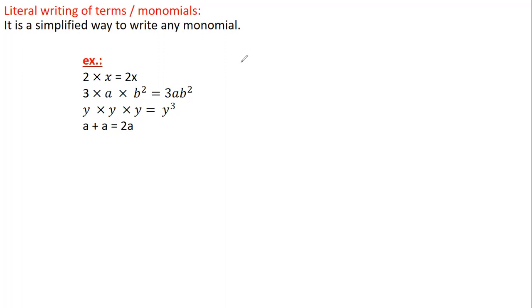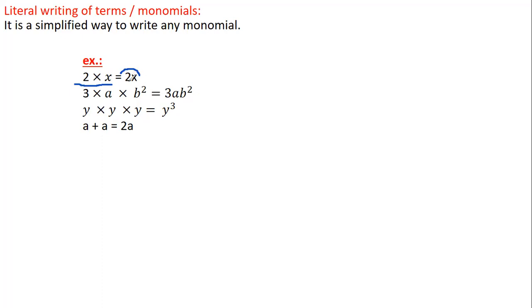Suppose I gave you, for example, 2 times x. Always, when we multiply a number by a variable, it can be written in a more simplified way. So 2 times x can be written as 2x. So whenever we see 2x, what does this mean?